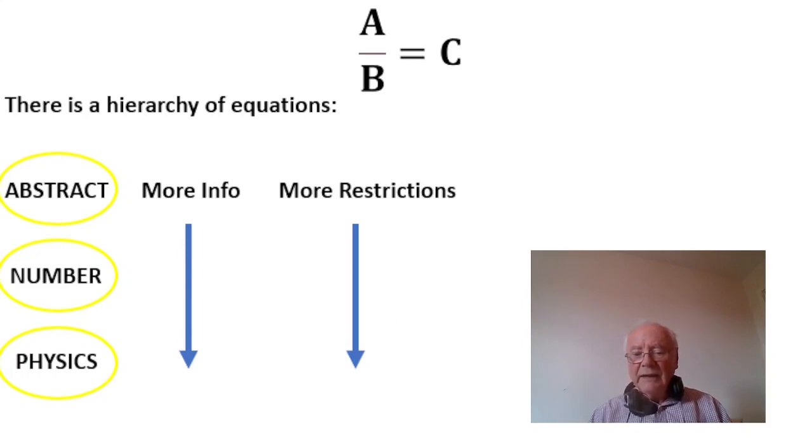And then finally, if you say this is really a physics equation, then you bring in even more restrictions, but you do have more information. So that's the pattern between maths equations and physics equations.